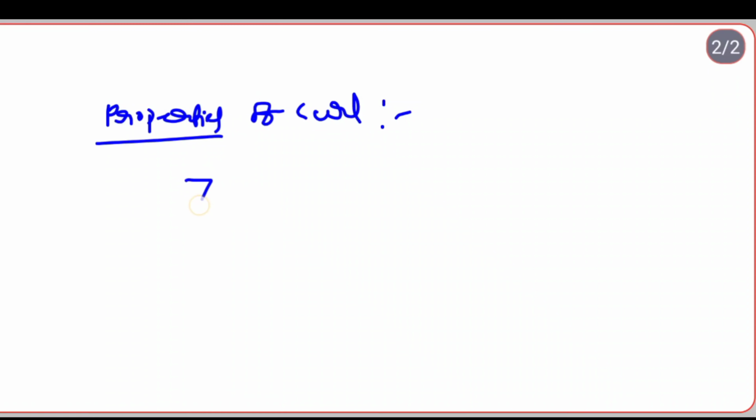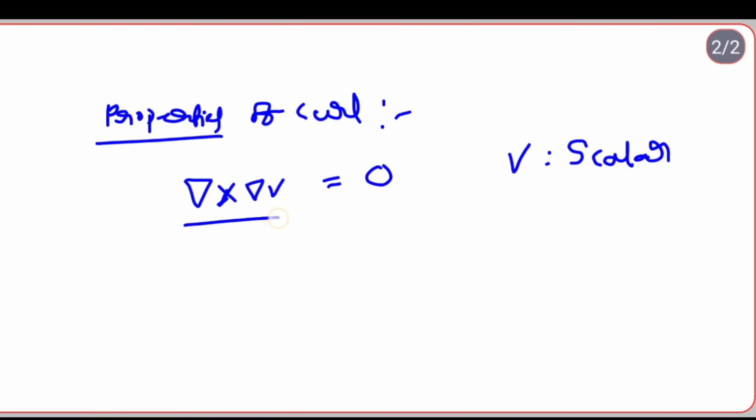Del cross del V is 0, where V is a scalar, a scalar potential. Del cross del V equal to 0; this property of curl we are using, and we have to remember this.